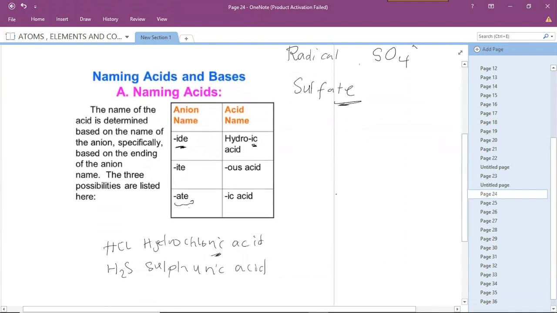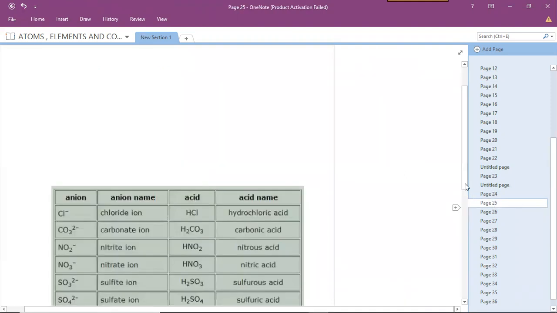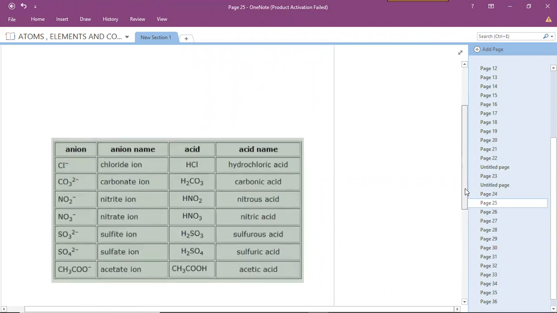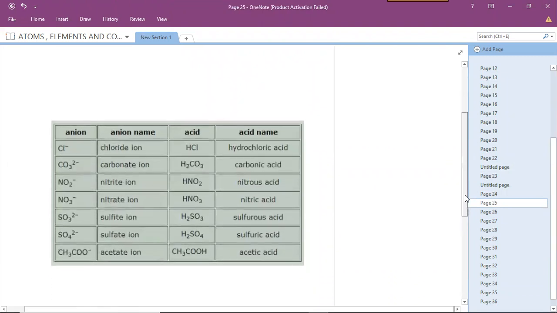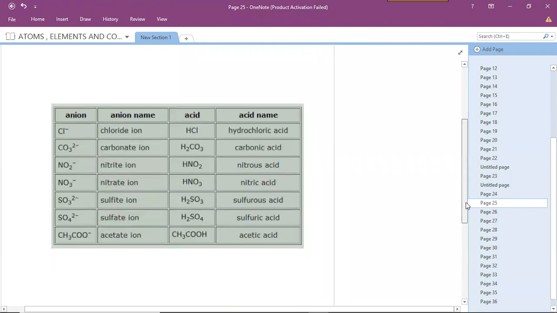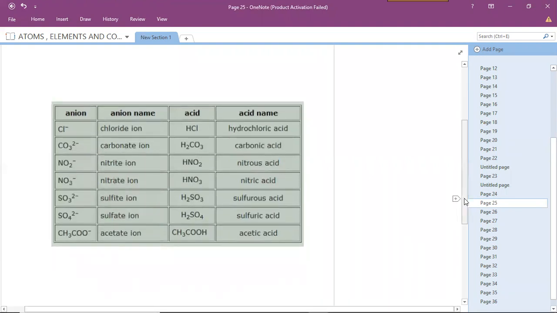Sulfur, sulfide, so sulfuric acid. Oh, okay, it's okay, it's the same thing. So the other, sulfuric acid.